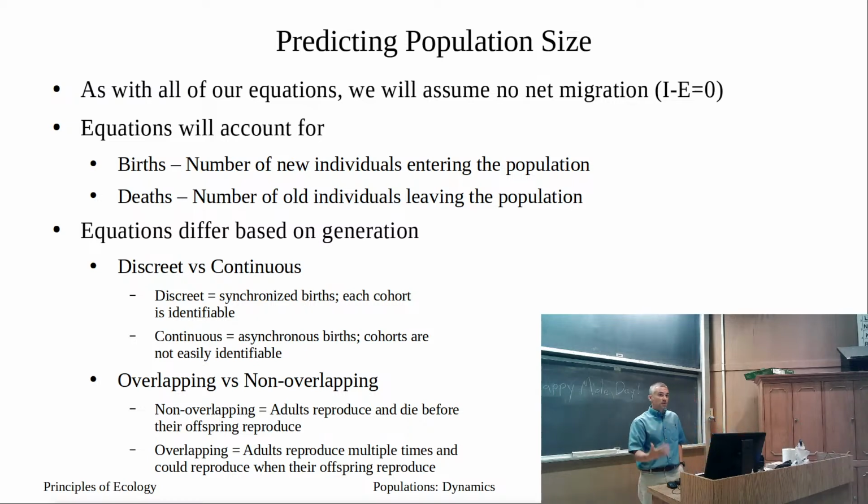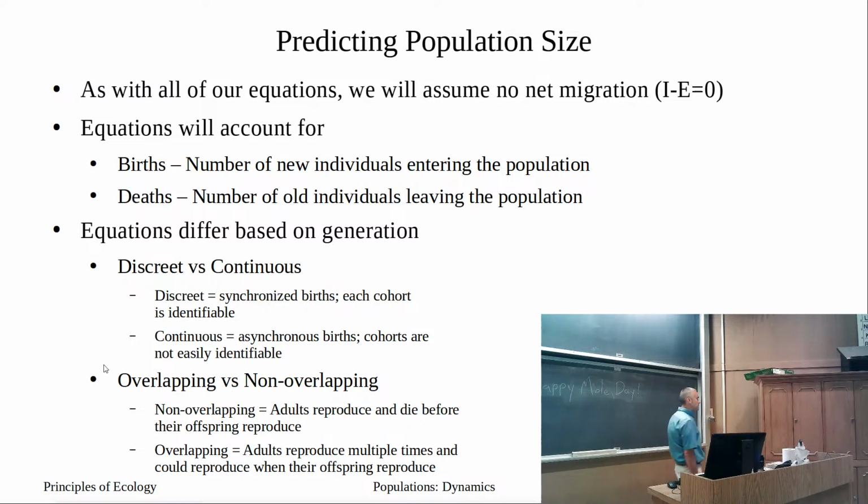Annual plants are a great example. They flower, they set seed, they drop the seed, and then they die. By the time their next generation comes around, the parents have all been long gone. That's non-overlapping generation. Those annual plants tend to also be discrete generations as well. So discrete, non-overlapping generations for these annual plants.